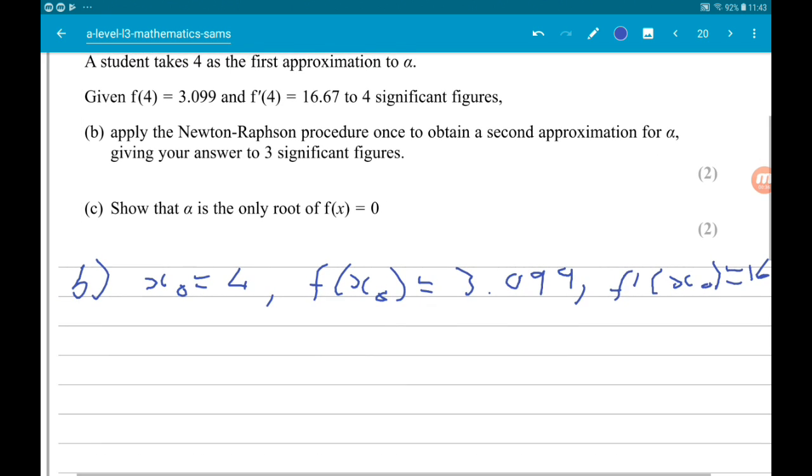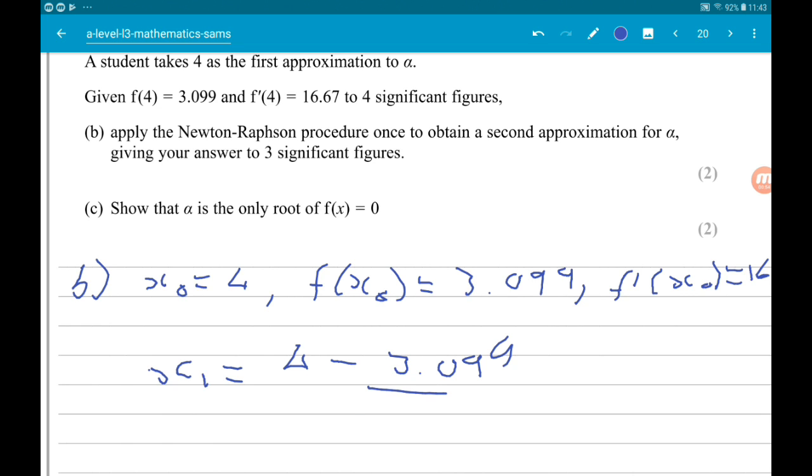Then x1 is equal to 4 minus 3.099 over 16.67, and to 3 sig figs we get 3.81.